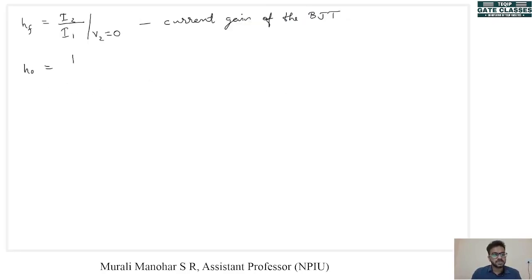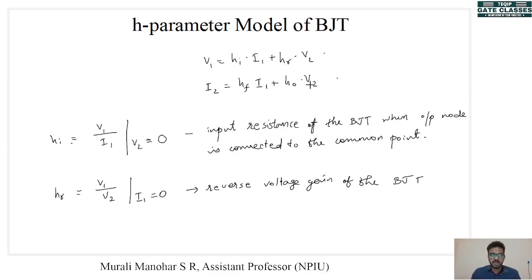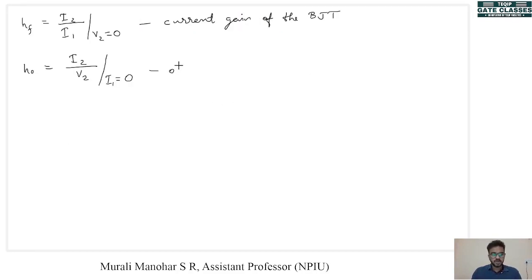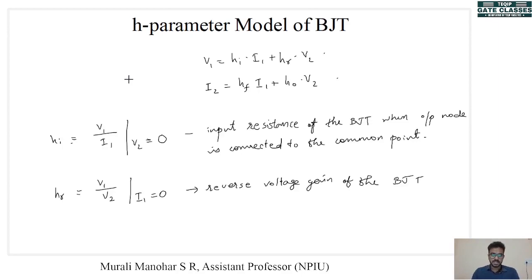HO is equal to I2 divided by V2 when I1 equal to 0. And I2 by V2 will be the output conductance of the BJT when the input node is open. So these are the 4 H parameters of a BJT.